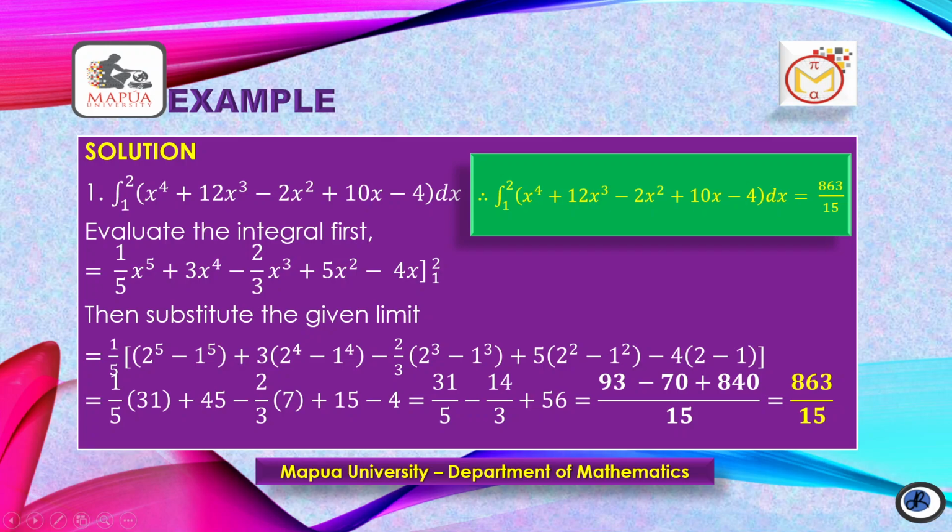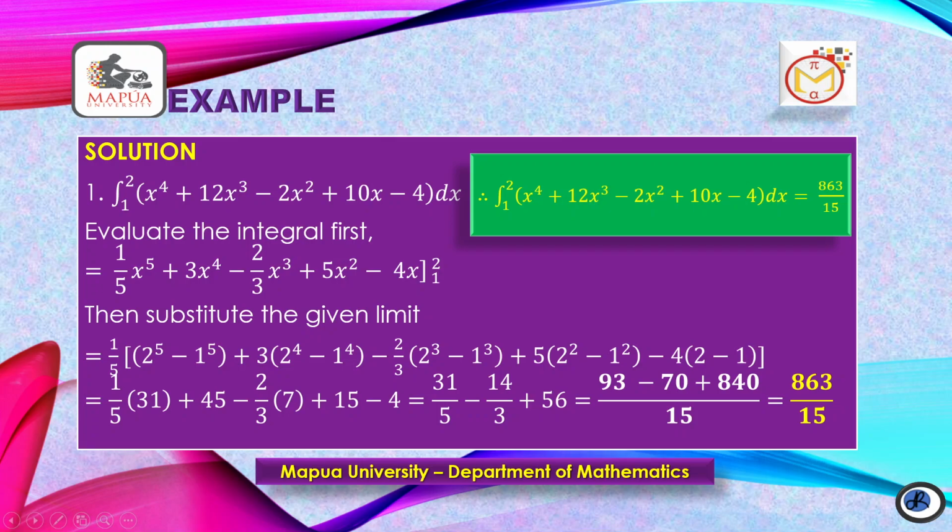And then 2 times 7 is 14 over 3. We have an LCD of 15 here by multiplying the denominators, 5 times 3. Then simplifying, we have 15 as the LCD, least common denominator, divided by 5 is 3, times 31 is 93. 15 divided by 3 is 5, times 14, and that is 70.